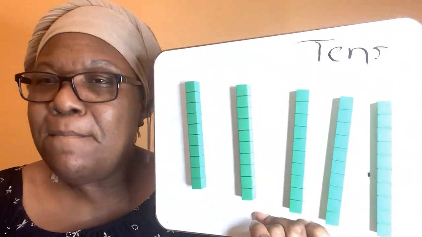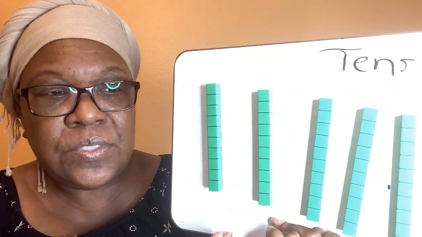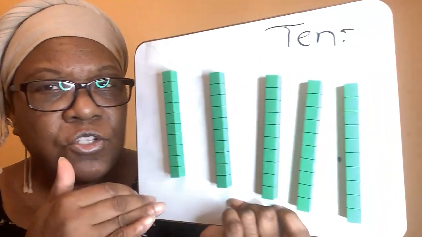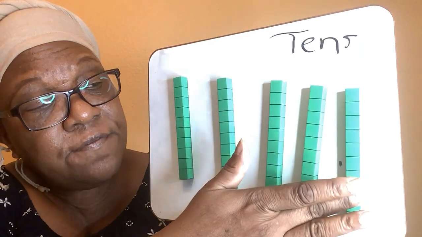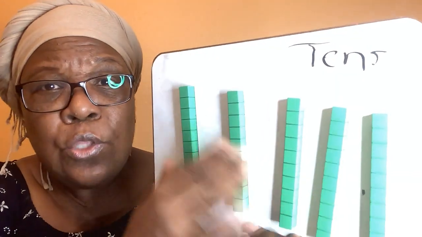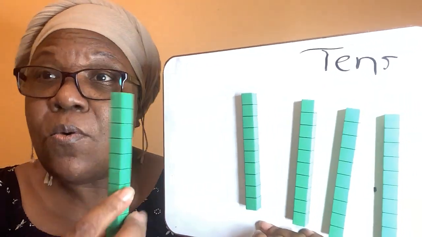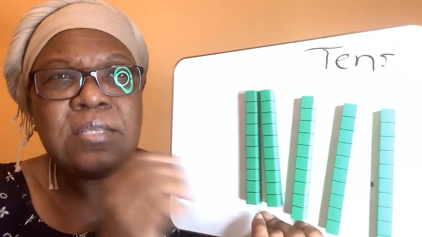So your child must be able to count by 10 in order to use these tools. Okay, so it's called counting on. So you're counting by 10: 10, 20, 30, 40, 50. And this tool is called tens. The reason it's called tens is because there are 10 little squares. Okay, so let's see what else I'm missing.